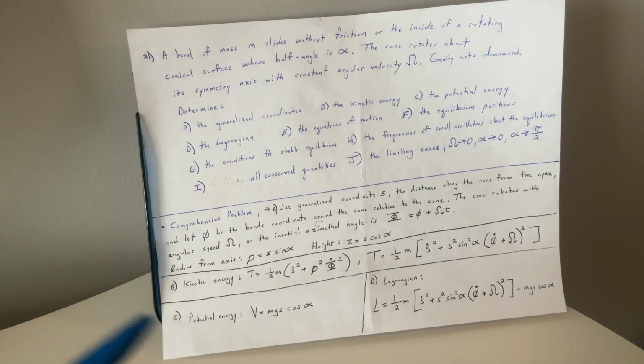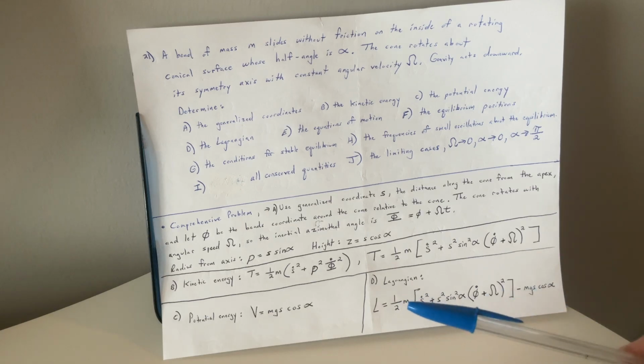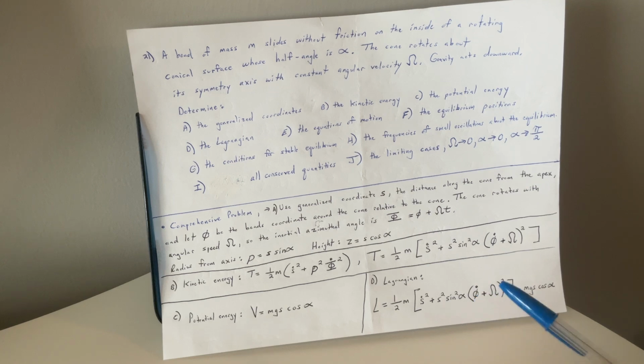Part C, the potential energy, V equals mgs cosine alpha. And for part D, the Lagrangian L equals 1/2 m bracket s dot squared plus s squared sine squared alpha times the quantity lowercase phi dot plus capital Omega, squared, close bracket, minus mgs cosine alpha.